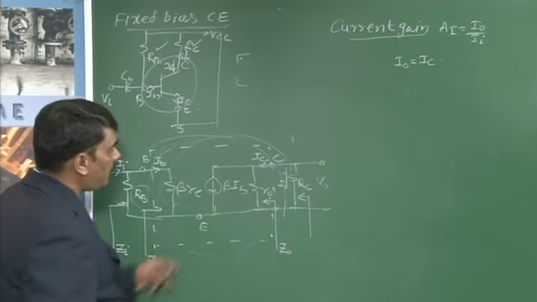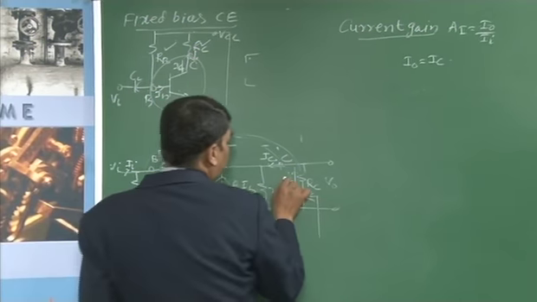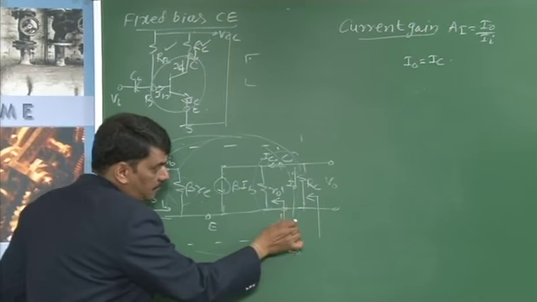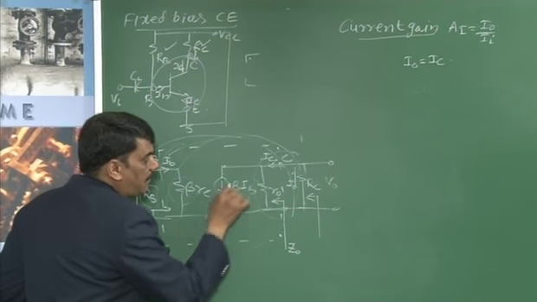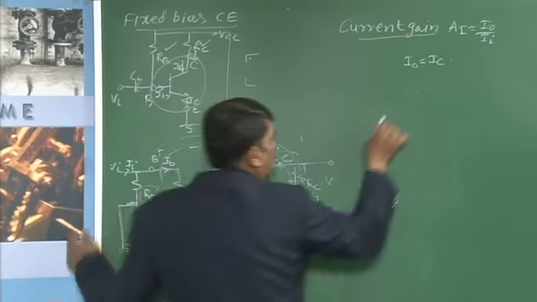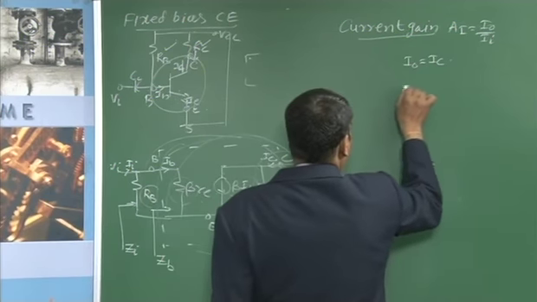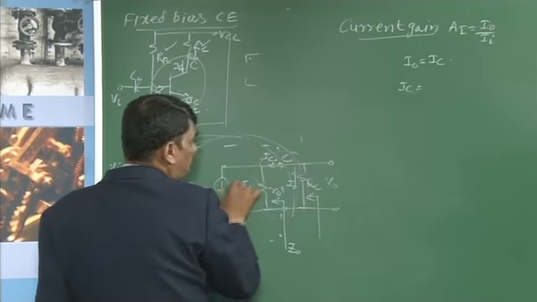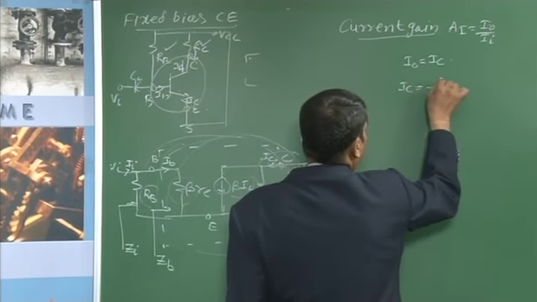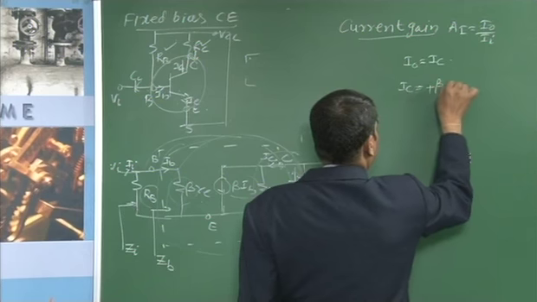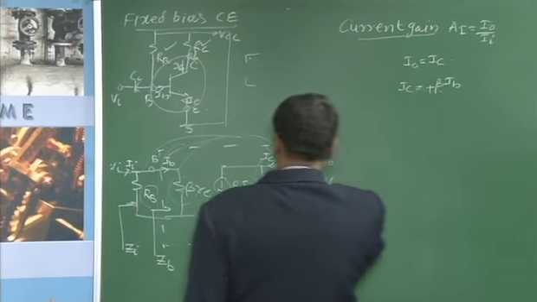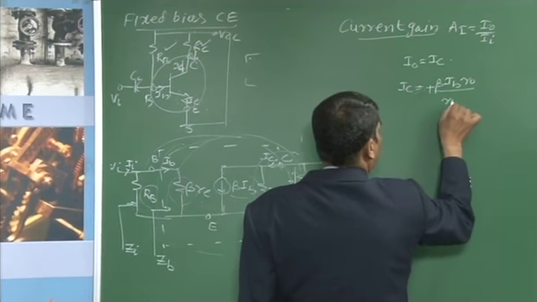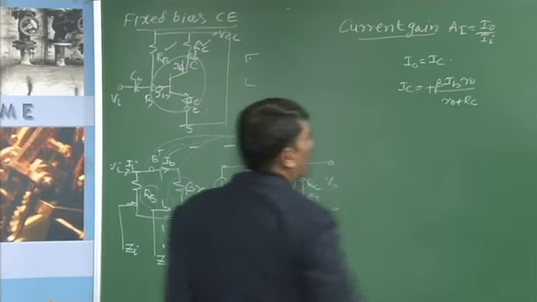Then what is IC? Already we defined that this entire circuit is driven by beta times IB. Because this is in the opposite direction, you are going to get minus beta times IB, the total current, and the opposite branch resistance R0 divided by R0 plus RC.